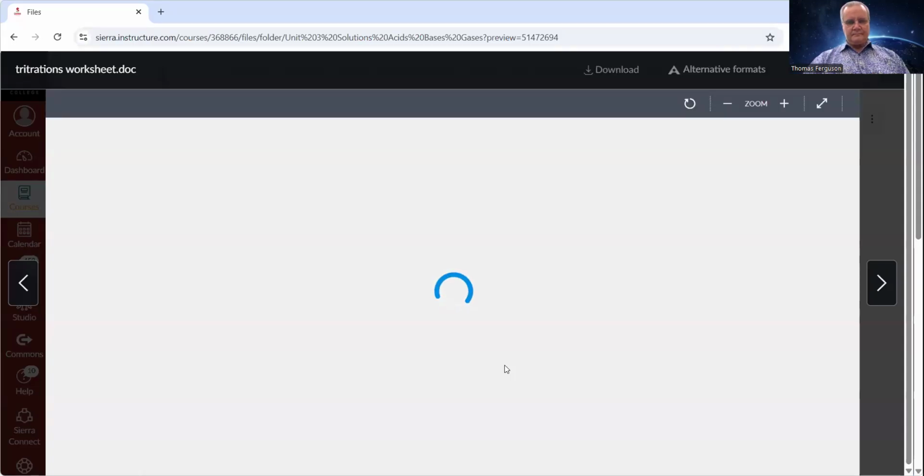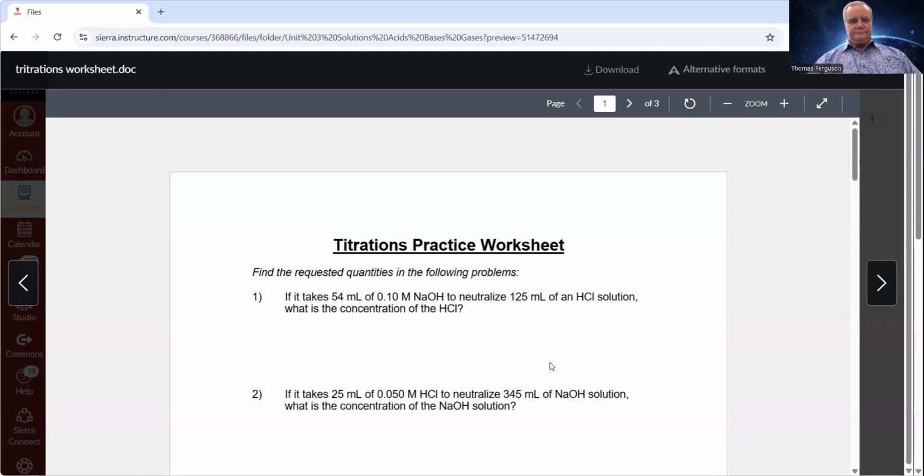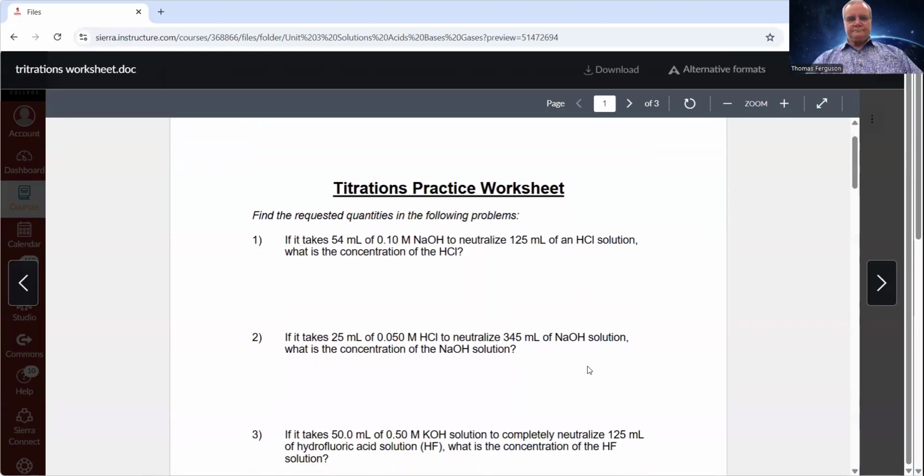Let me show you what the worksheet looks like. So here, these are all hydrochloric acid and sodium hydroxide.